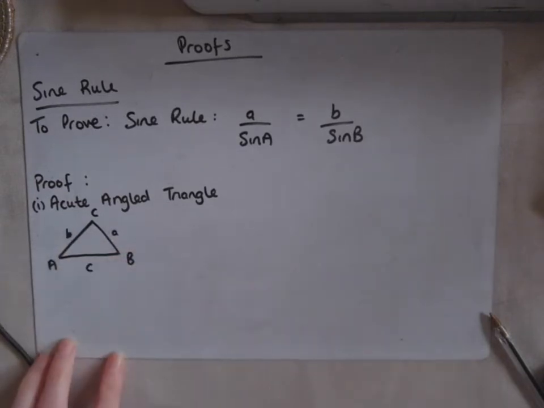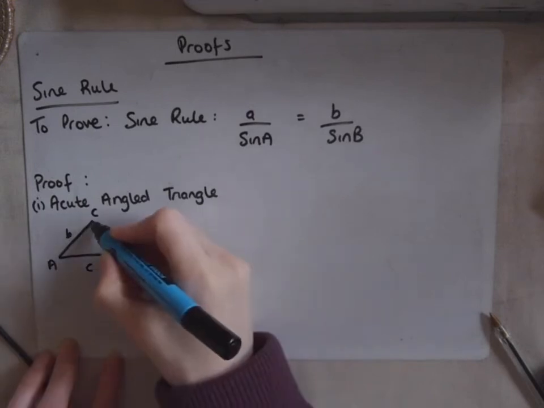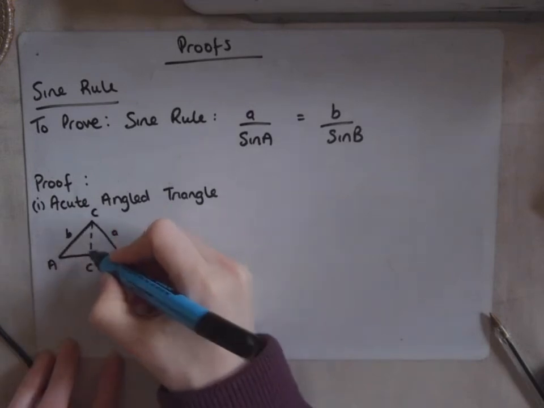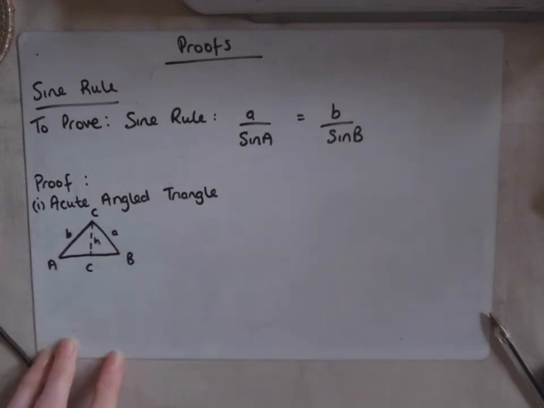Okay, so you just have a triangle ABC with sides. Side a is opposite angle A, and so on. You also have your perpendicular height, h.